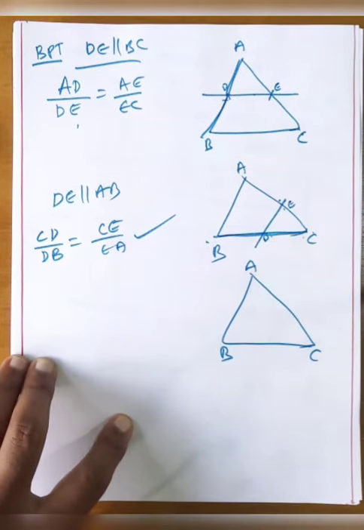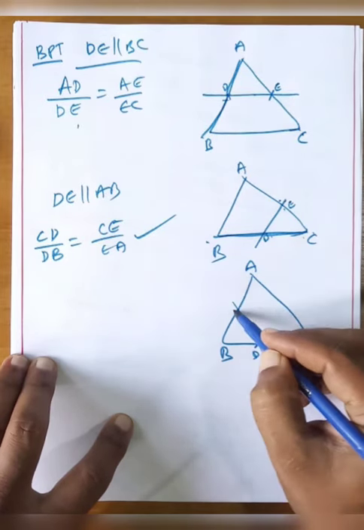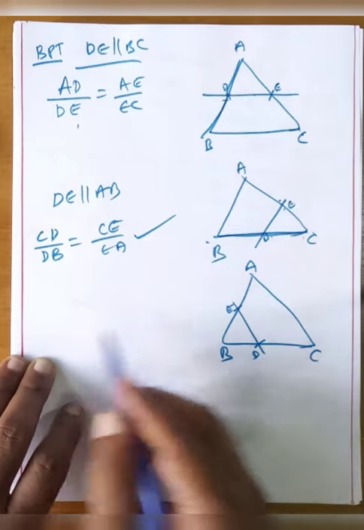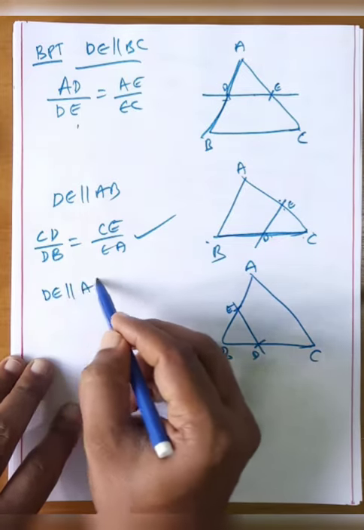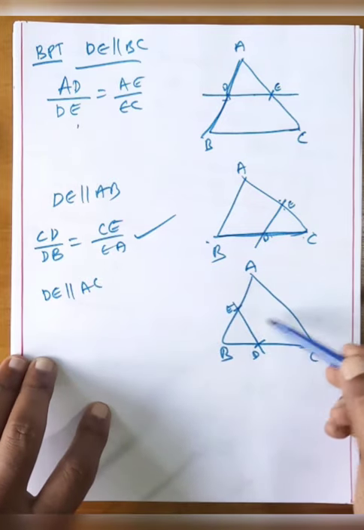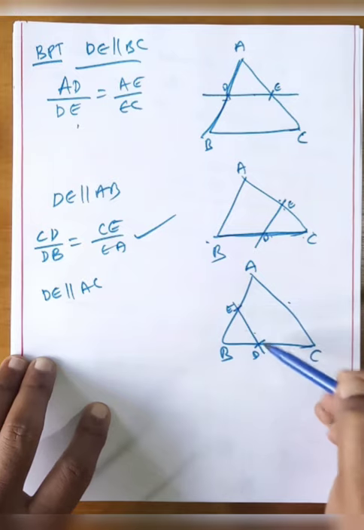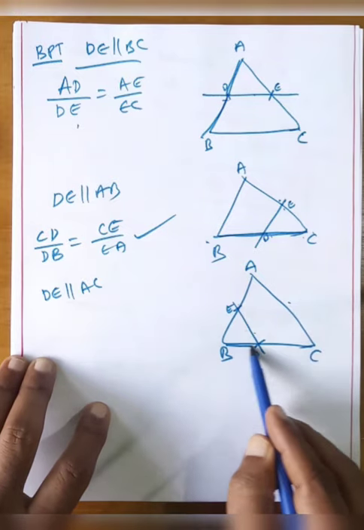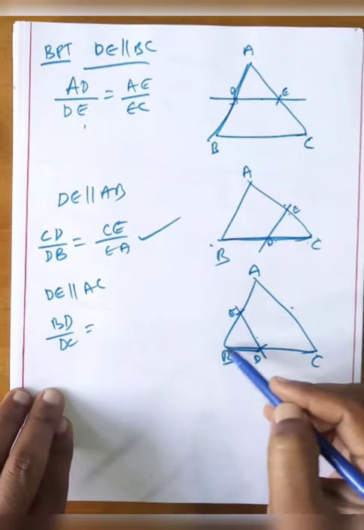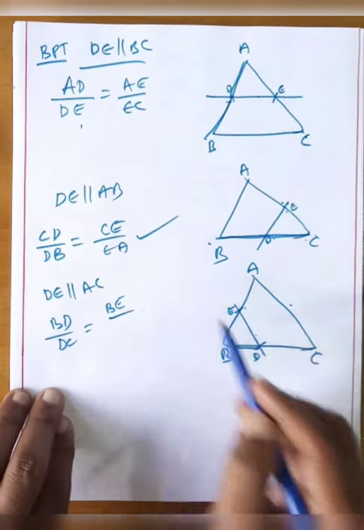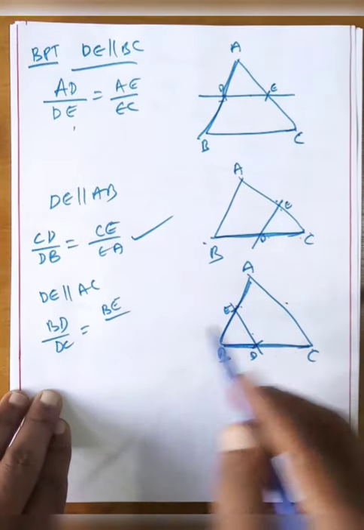Suppose the line intersects these two points and DE is parallel to CA. Whenever these two lines are parallel, the line divides the remaining two sides in the same ratio. That is BD by DC is equal to BE by EA.